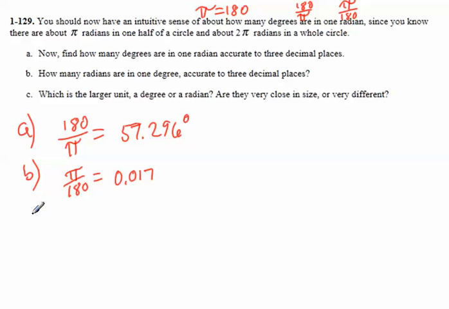So which one is much smaller? A degree is much smaller. Degrees are very small. 90 of them fit in a right angle. Radians are much larger. Only about 1.5 fits in a right angle.